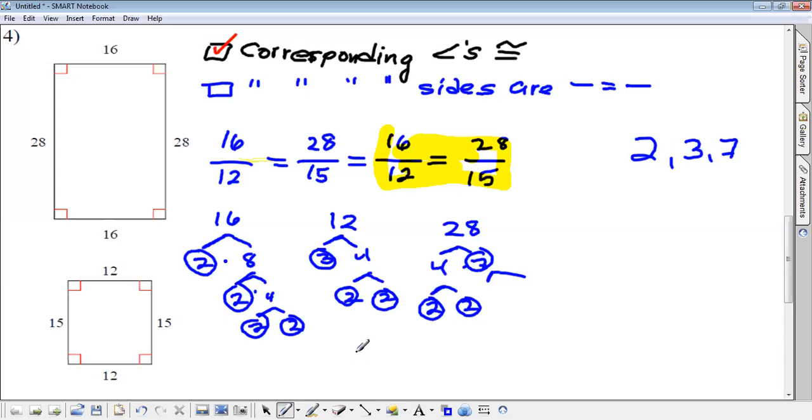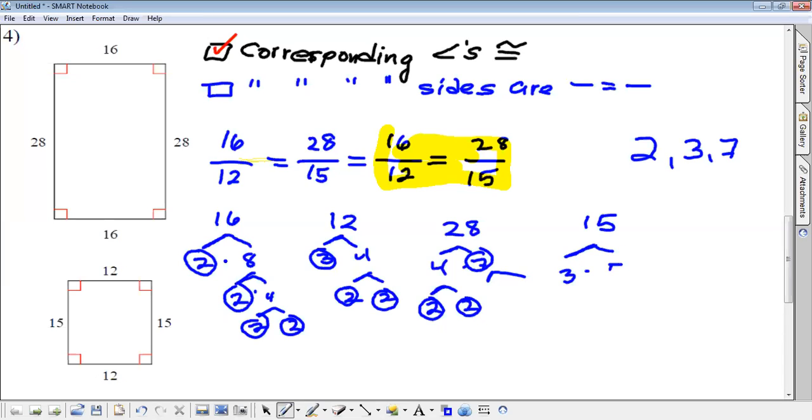Now, next number is 15. Factors of 15, cannot use 1 or 15. Two numbers that multiply to 15, 3 and 5.